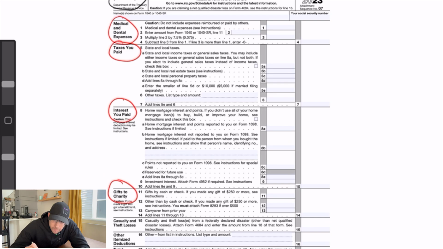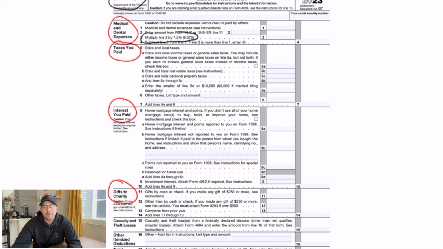Medical and dental expenses. We have this key term right here, 7.5%. And what this means is 7.5% of your AGI. So if your AGI, adjusted gross income, is $100,000, 7.5% of that is $7,500. If you spent $7,501 on out-of-pocket medical expenses, you would get to put $1 of a deduction on your itemized deductions.